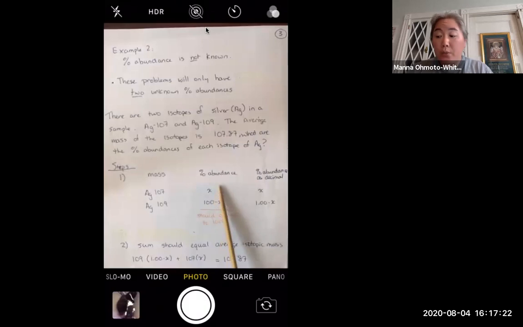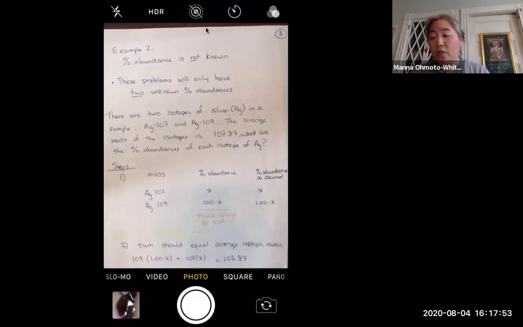I don't know the percent abundances, so they'll be x and 100 minus x, because again, the percent abundances should add up to 100. I change the percents to decimals, so this becomes x and 1.00 minus x, and then I multiply these by the masses: 107 times x and 109 times 1.00 minus x.